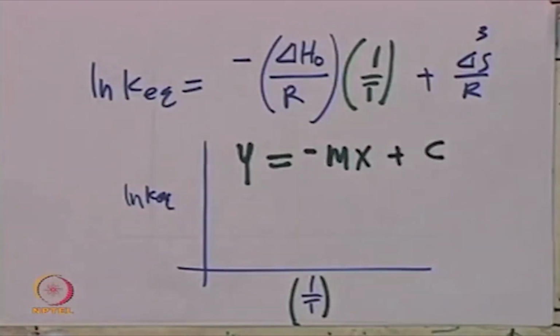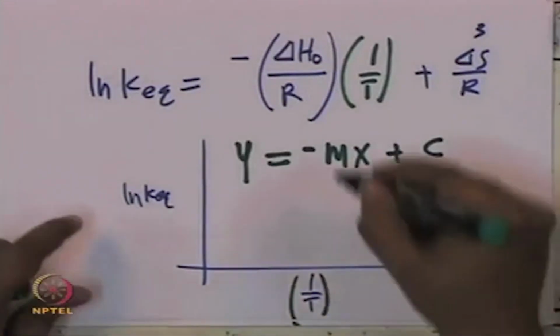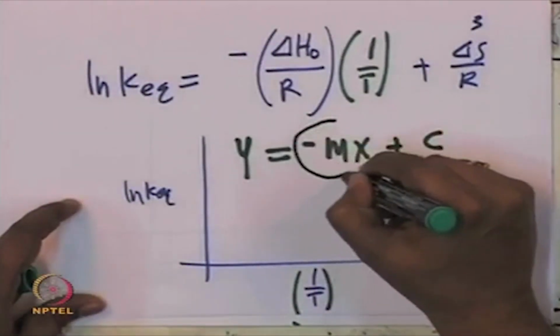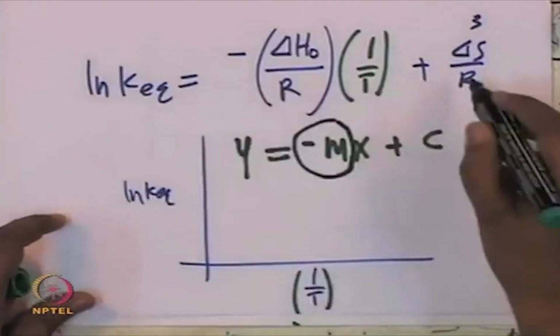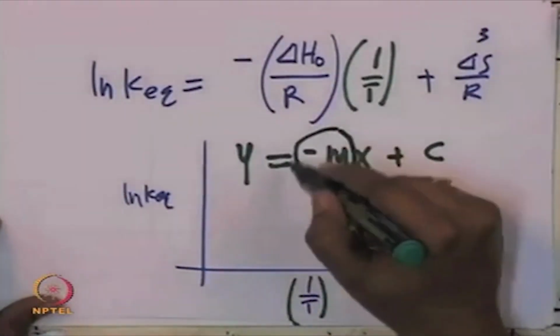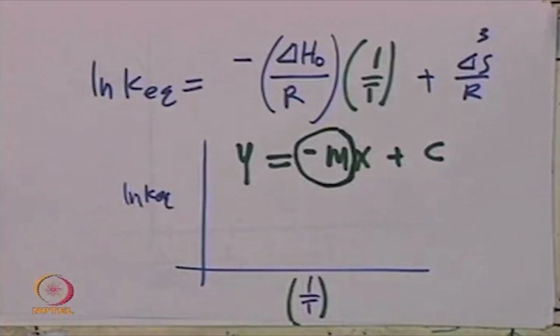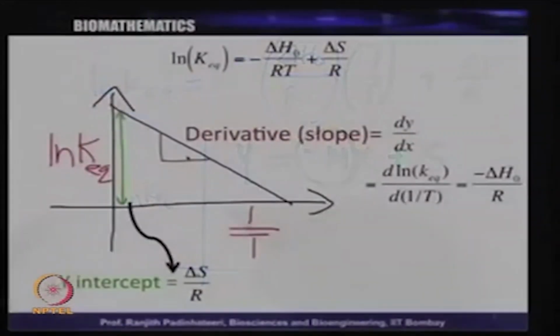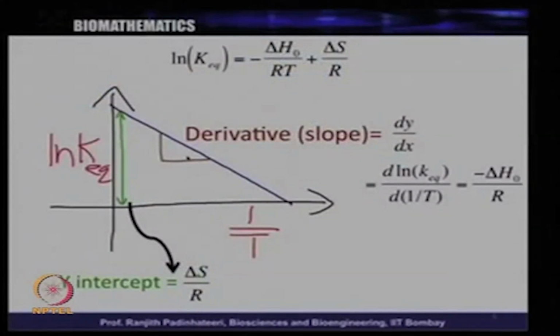So, this is a straight line with a minus m, which, as you all know, is the slope. This equation essentially gives a straight line with a negative slope. That is what you have here. If you look at this graph, a straight line with a negative slope is essentially this.